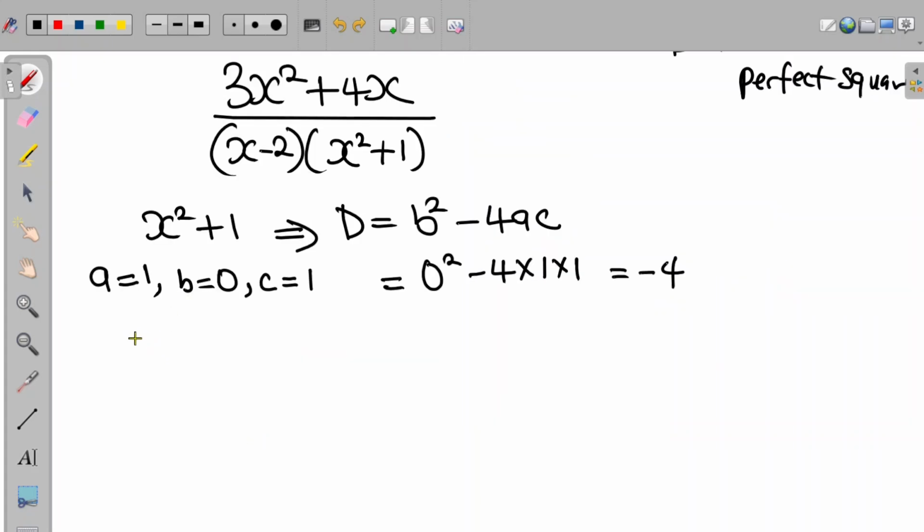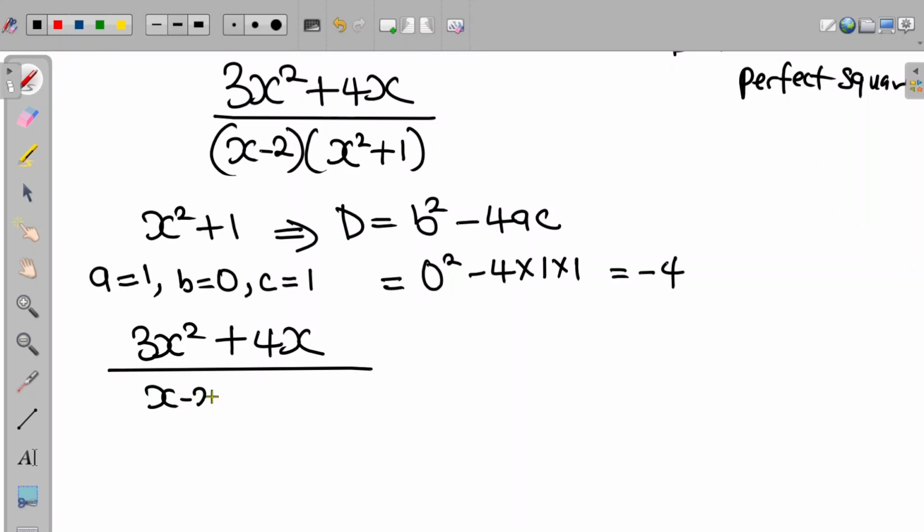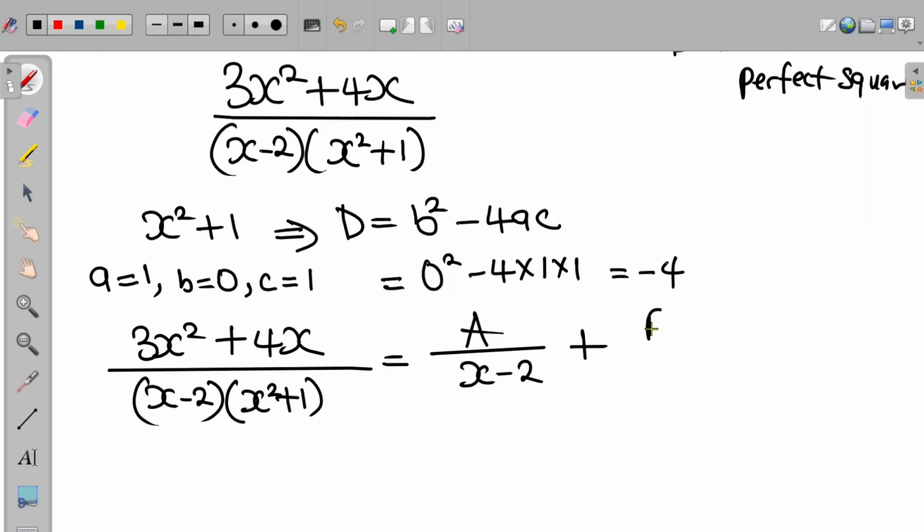So therefore, we have (3x squared plus 4x) divided by (x minus 2) multiplied by (x squared plus 1). At this point, since the quadratic expression is not factorizable, we can resolve our compound fraction in the form A divided by (x minus 2) plus (bx plus c) divided by (x squared plus 1).